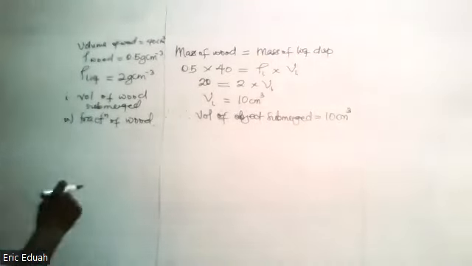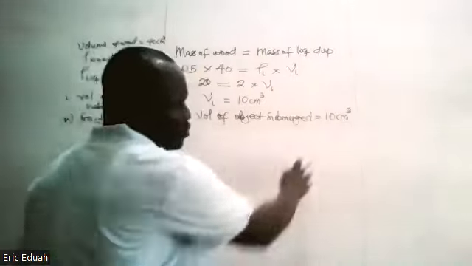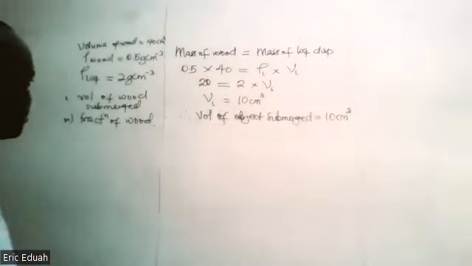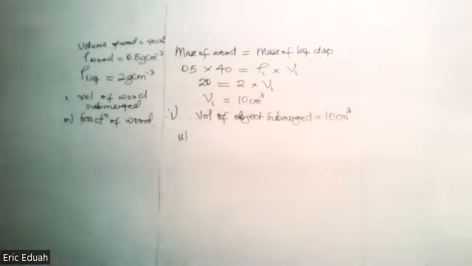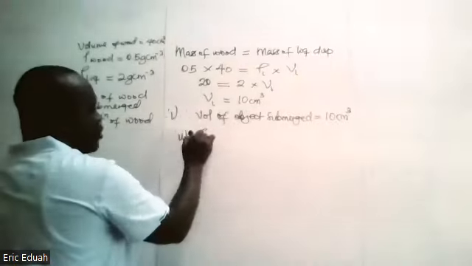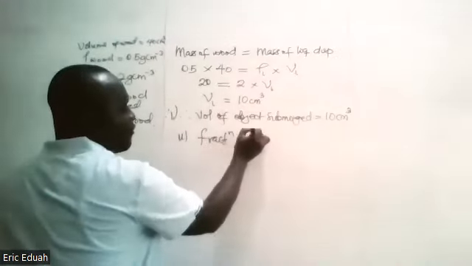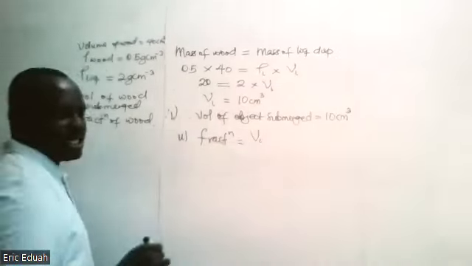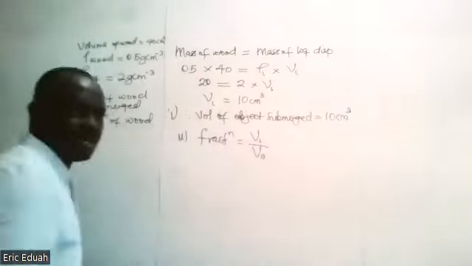Therefore, we've even answered part i, which says we have to calculate the volume of wood submerged, and that is equal to 10 cm cubed. Then part ii, the fraction of the wood submerged, is equal to the volume of liquid displaced divided by the volume of the object.